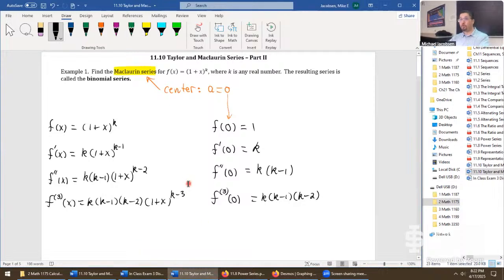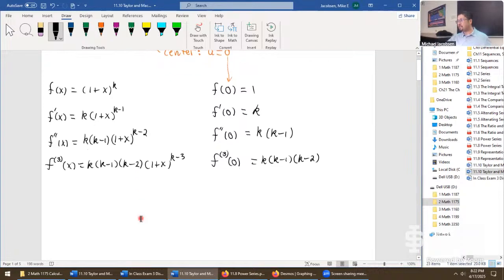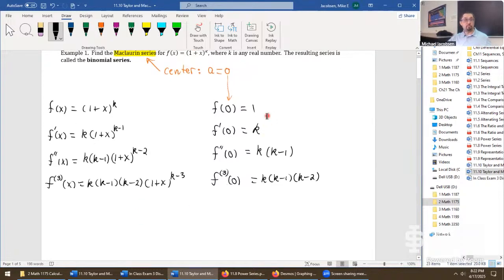And notice I'm running out of horizontal space for my next row. These just get really too long. But sometimes the pattern is not too really hidden inside here. You might be able to say what the fourth order derivative is without even calculating it. My claim is that the fourth order derivative, right at 0, if it's going to maintain the last patterns that we see above, it should be k, minus 1, k minus 2, and then new factor, k minus 3.